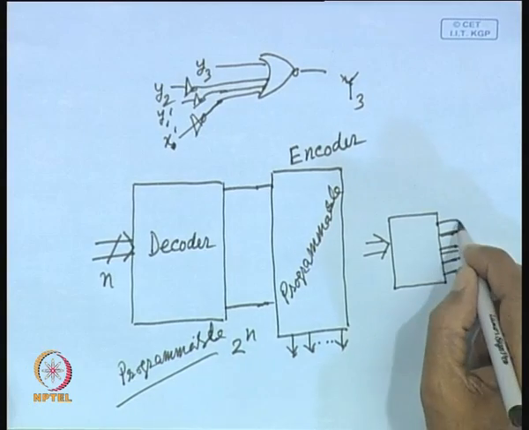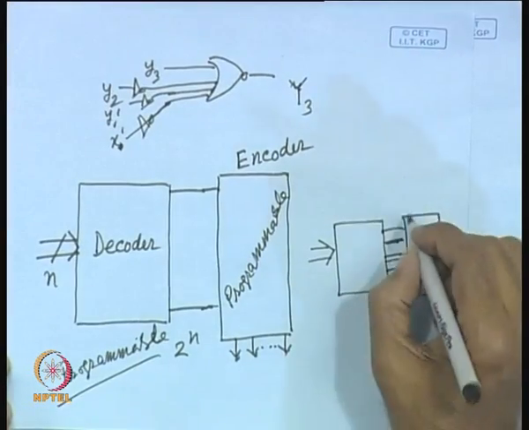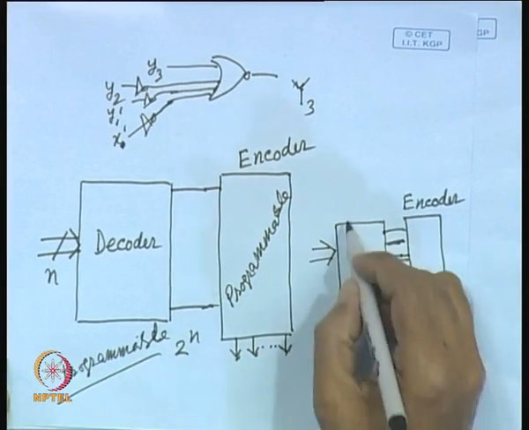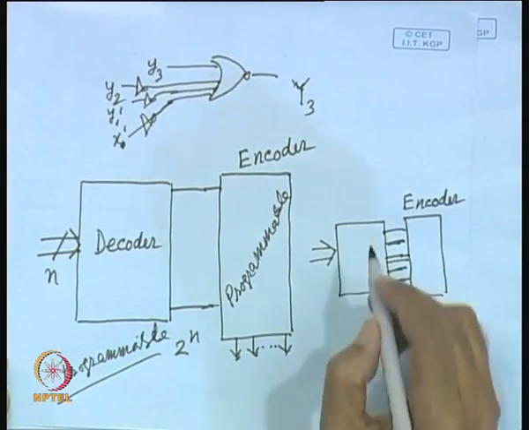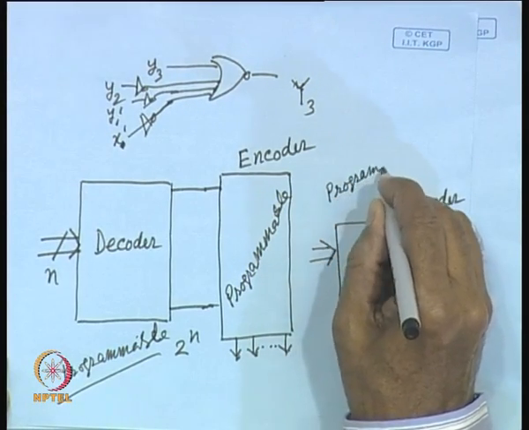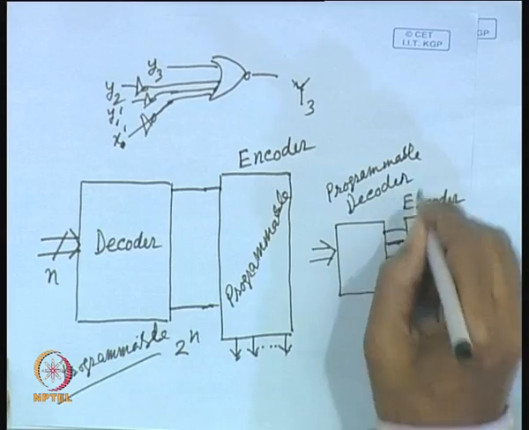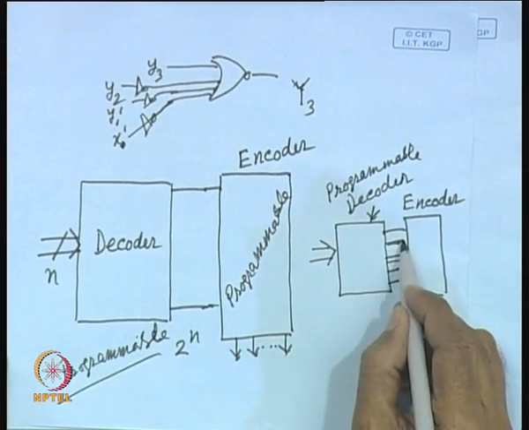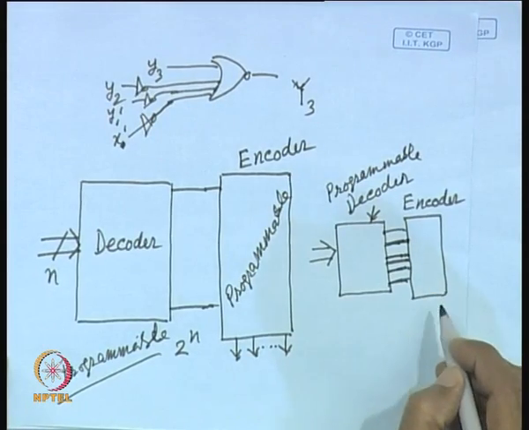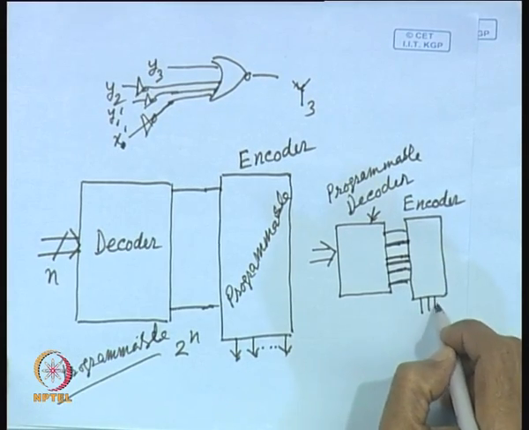It will produce 6 outputs, which will go to the encoder. So, this is the encoder, but the decoder is done programmable. This is the programmable decoder. Only the desired combinations for which you require output 1 are generated here, not the redundant or unnecessary products. And then of course, it will produce the necessary outputs.